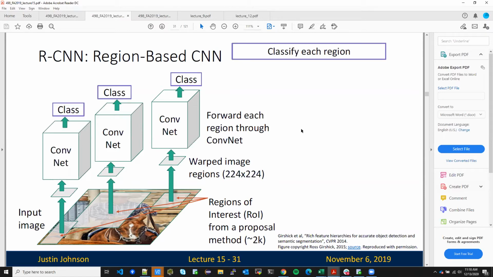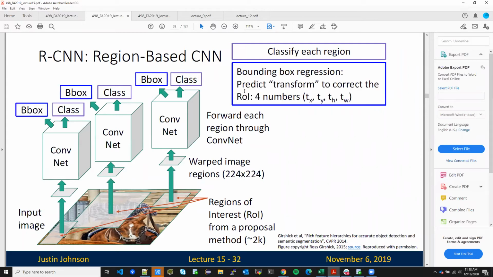We still have to do two tasks, right? We have to say what and where. So at the end of this convnet, you predict the class, and you also want to predict the bounding box.